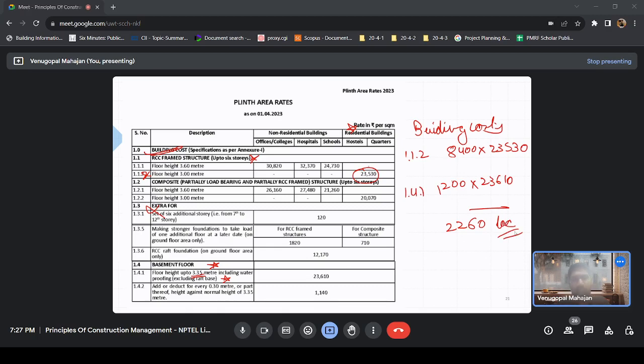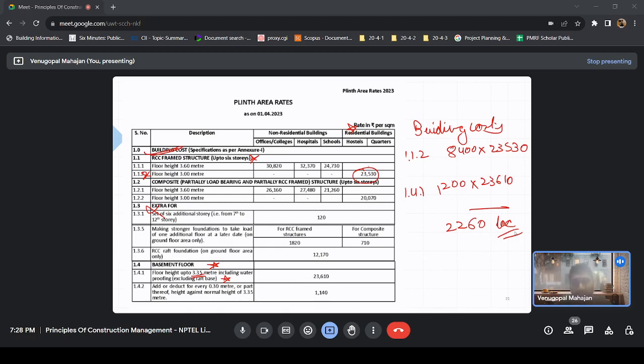Yes, sir. Sir, one thing I wanted to ask. In that clause, in 1.1, you can see that it says up to 6 stories, but ours is 7. So do we need to have some different calculation? Yeah, there are two conventions, whether you count the ground floor in G plus or not. Let's say we are discounting it.